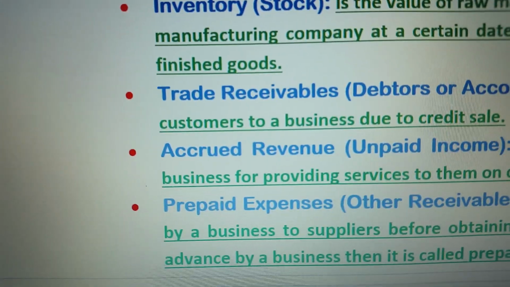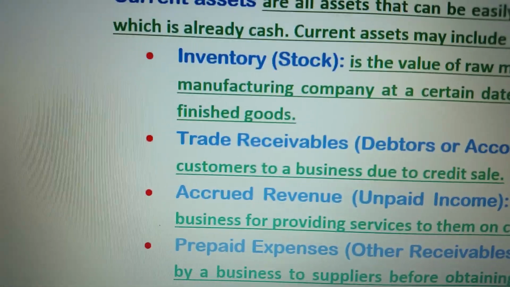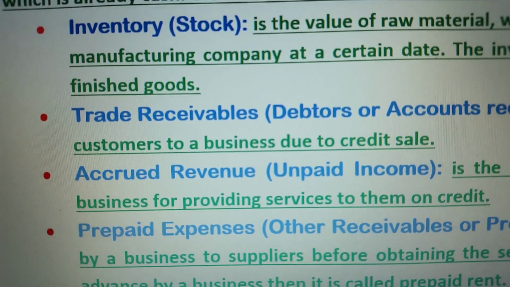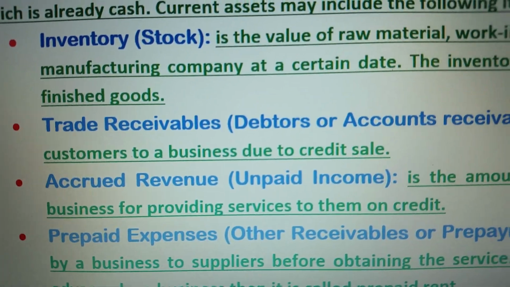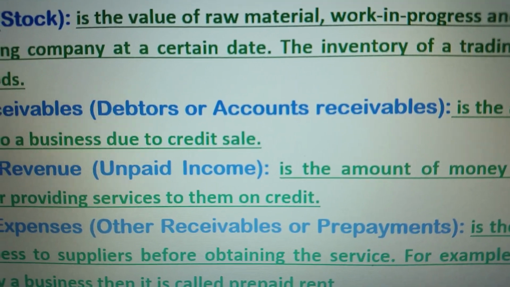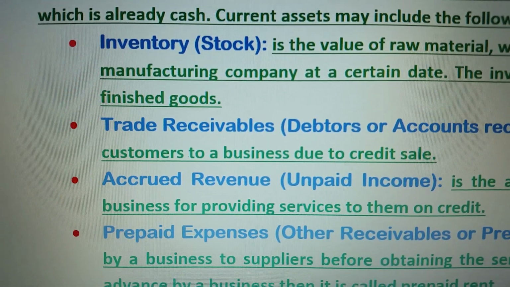Trade receivable is the second item of the current assets. Trade receivable is also known as debtor or account receivable. What is meant by trade receivable?